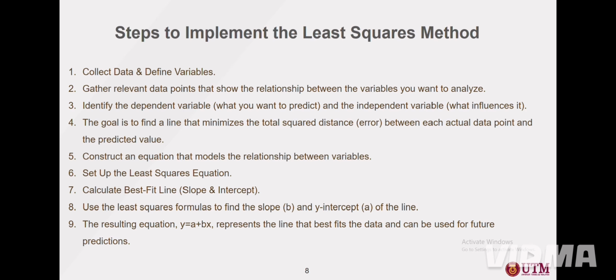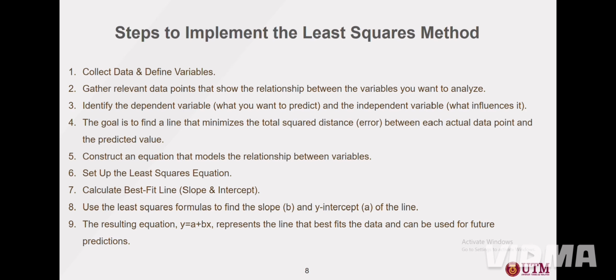The goal is to find the line that minimizes the squared distance error between each actual data point and the predicted value. Then construct an equation that models the relationship between variables. Then set up the least squares equation to calculate the best fit line, slope, and intercept.